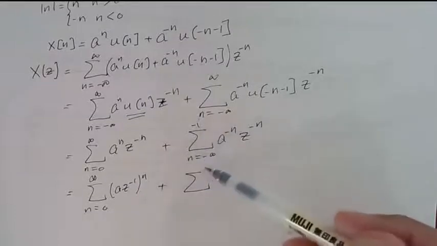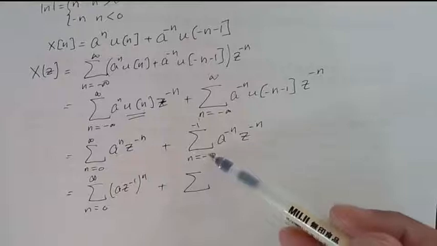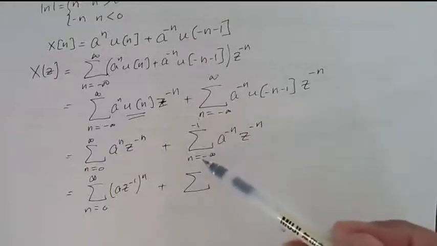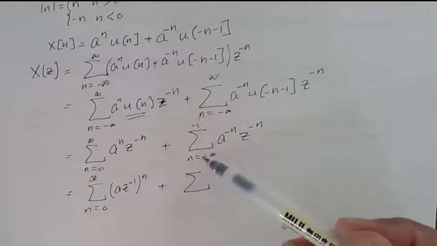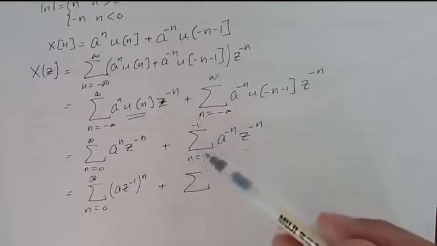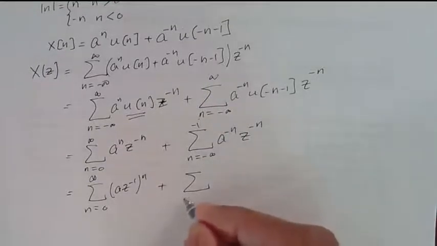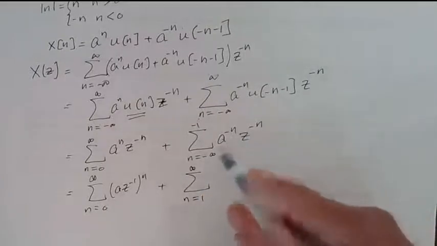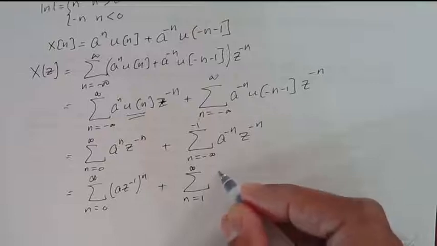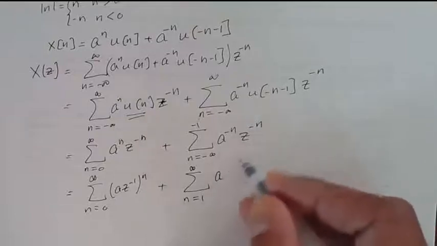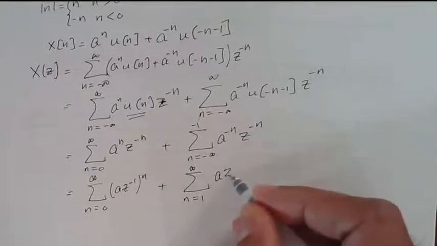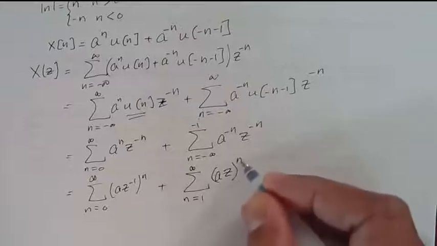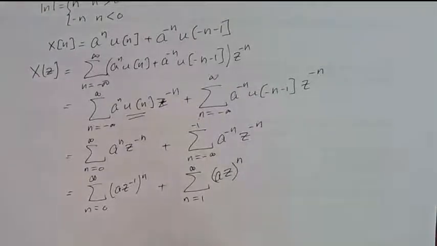And I can always flip the limits on a summation, something I can't do without multiplying with a minus 1 in case of an integral. But in case of a summation, I can always flip the limits. So this becomes n equals 1 to infinity, and I'll replace a to the minus n with a to the n, and z to the minus n with z to the n. So this will become az to the power n, right?